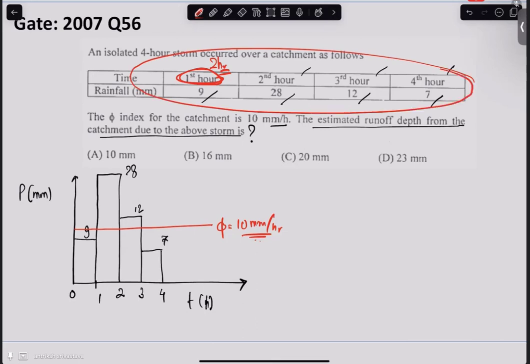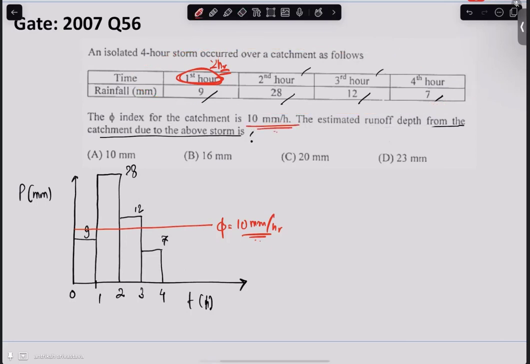They may say it was a 4-hour storm, but the precipitation is given in 2-hour intervals. If you don't read that carefully, you will use the given phi for 1 hour, the 10 mm per hour, simply subtract, and get the wrong answer. In that case, you have to also convert your phi from per hour to per 2 hours. In this question we don't have to worry about it, but nowadays GATE is introducing these kinds of tricky questions, and you have to be aware of these things.